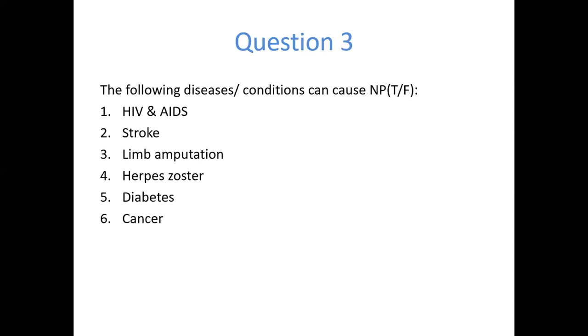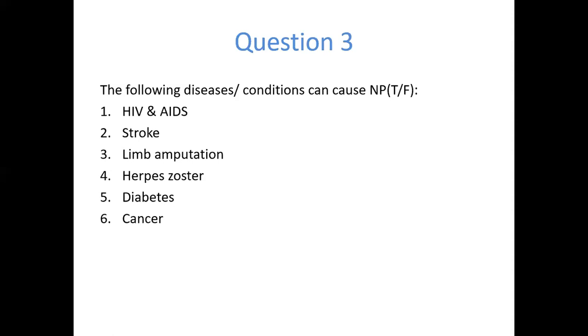Remember, the symptoms are the indicators that we are either improving or not improving. And eventually, the following disease conditions can cause neuropathic pain. It's all of them. HIV itself, its treatment can cause neuropathic pain. Stroke, as we have seen. Phantom limb sensation after amputation, there could be neuropathic pain. Herpes zoster, diabetes, cancer, and all the other diseases that we have seen. So if you see patients with these diseases, even as you talk to them about their symptoms, talk to them about pain.